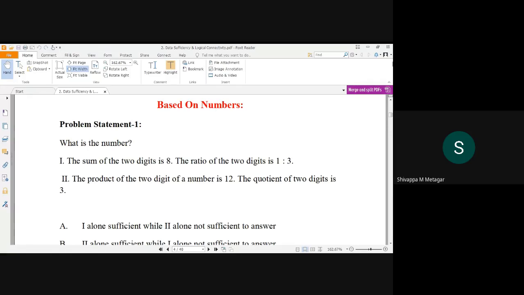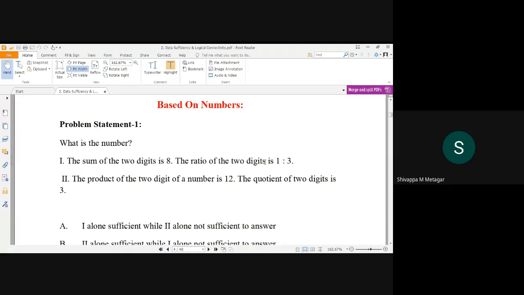The first problem statement is: what is the number? This is your question, and two statements are given. The first statement is: the sum of the 2 digits is 8, and the ratio of the 2 digits is 1:3.